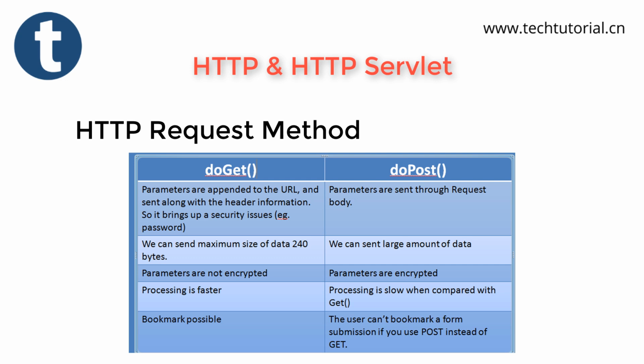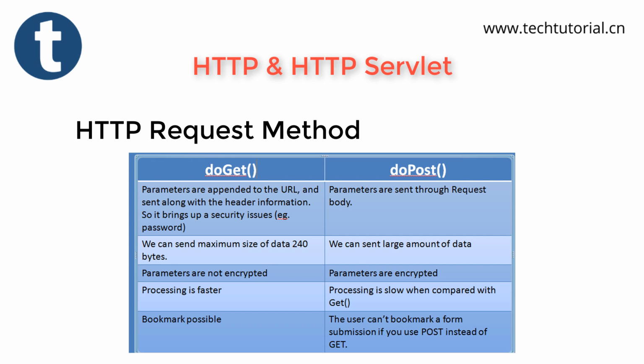It doesn't mean we can't send data through the get method. We can, but this is a bad practice, because when we use get to send data, it actually goes through the URL. So when you have a lot of data, it becomes uncomfortable and you will get more errors. That's why when we want to send data to the server we mostly use post, and when we want to get data from the server we use get.